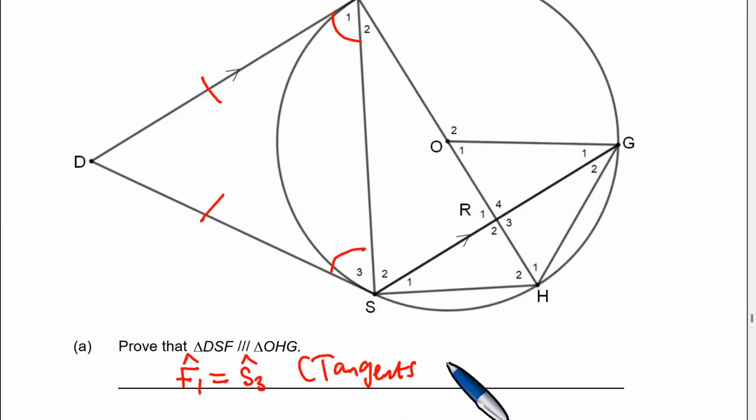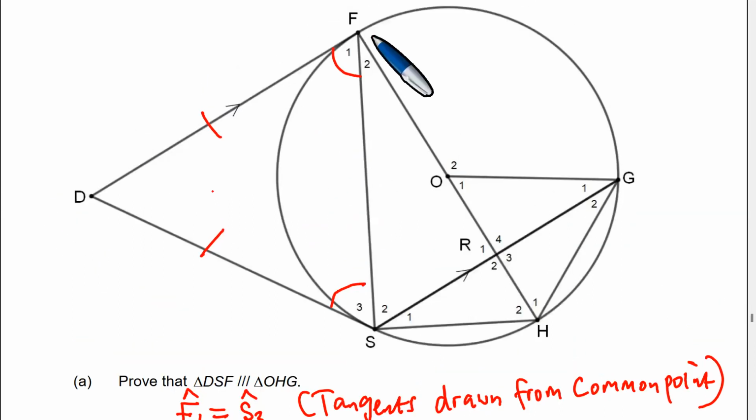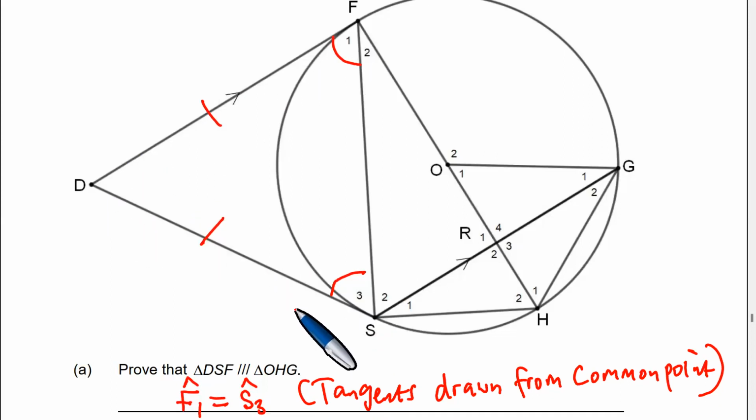Tangents drawn from a common point. So the tangents drawn from a common point are equal, and that makes these angles equal because this triangle becomes an isosceles triangle.